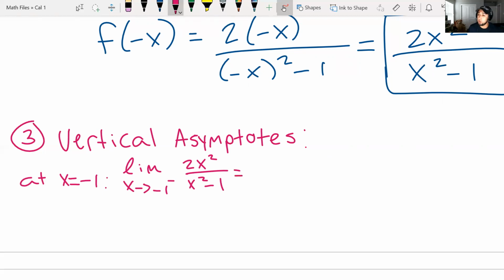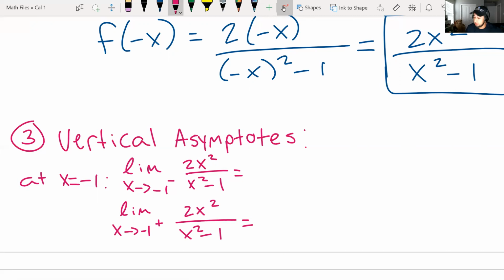And I will also do one from the right. The limit as x approaches negative 1 from the right of 2x squared over x squared minus 1.